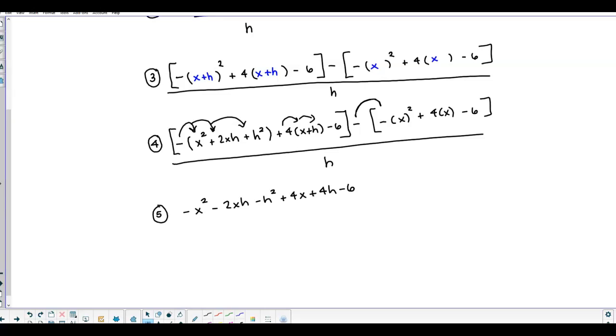Then we distribute the minus sign to all of those terms. So we get minus a minus, which becomes a plus x squared. We get minus 4x. Then a minus times a minus 6 becomes a plus 6. And that's all over h.